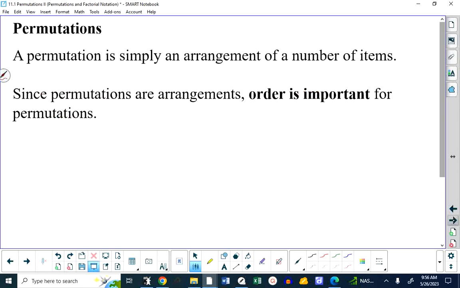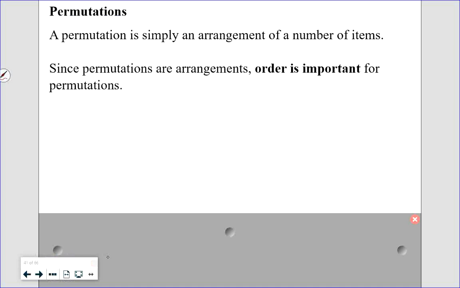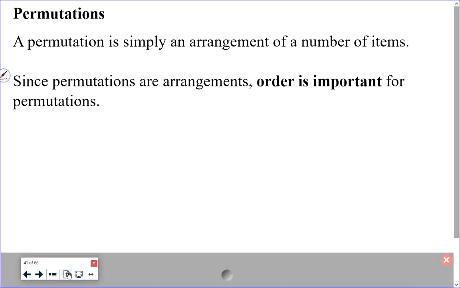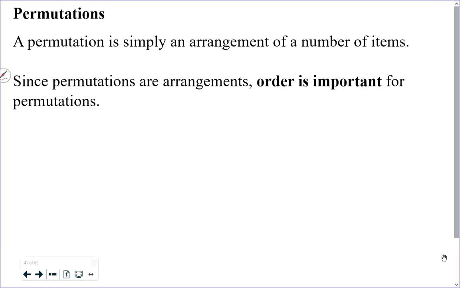All right, so permutations, I've already told you this. A permutation is an arrangement of items. A permutation is looking at a group of items, picking some of them and arranging them. Okay? So order is important.